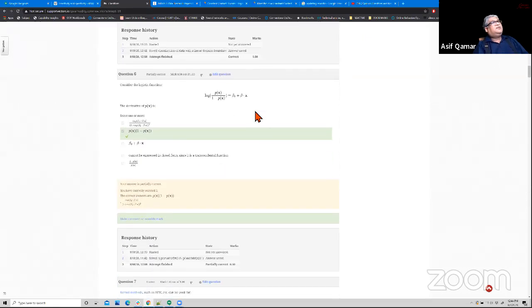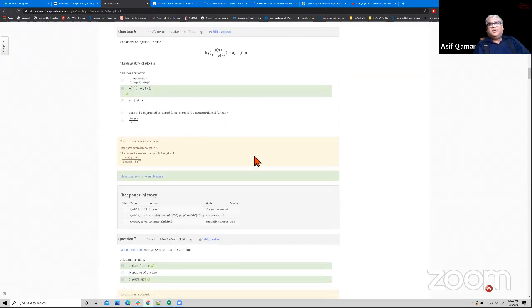Next was a little bit hard for those of you who don't know calculus, but those of you who have done engineering math with me and have practiced basic calculus, remember that this is fairly straightforward.